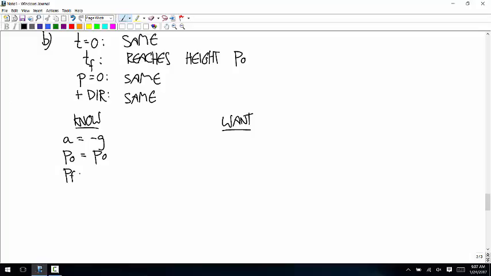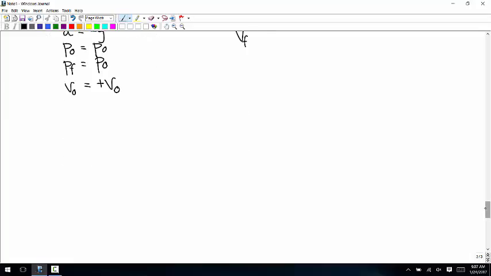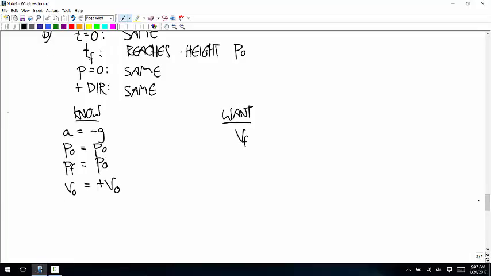P final, what's P final equal to? P0, that's where it gets a little confusing. V0 is positive V0. V final is what we're trying to find. And it looks like it's the same equation that we'll want for this. 2a times the quantity pf minus p sub 0 is equal to vf squared minus v0 squared.